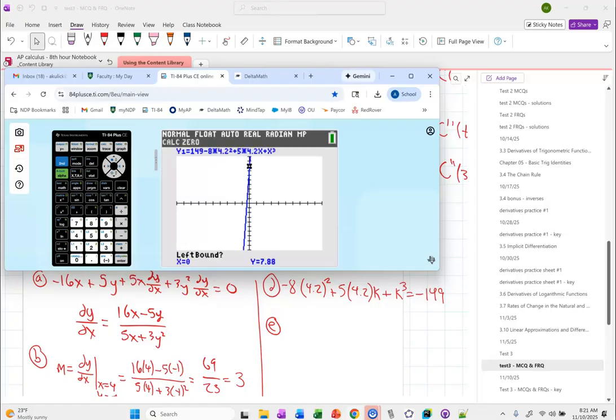So the zero command: left bound, right bound, guess. So -0.373.